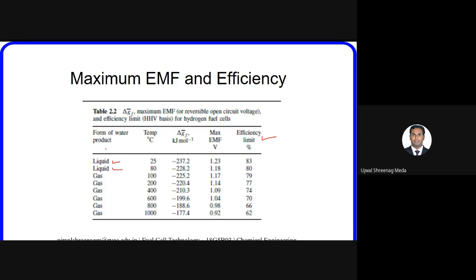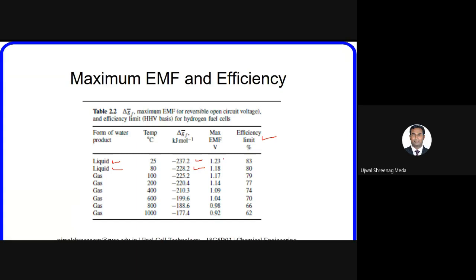In both cases, the form of product is liquid. So with that, the delta GF value, keeping aside the negative sign, if we consider the magnitude, when the operating temperature is 25, the delta GF will be maximum, that is 237.2.